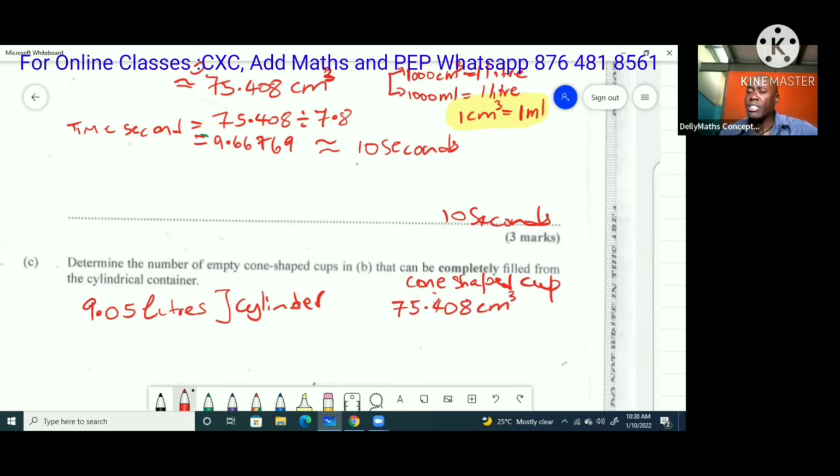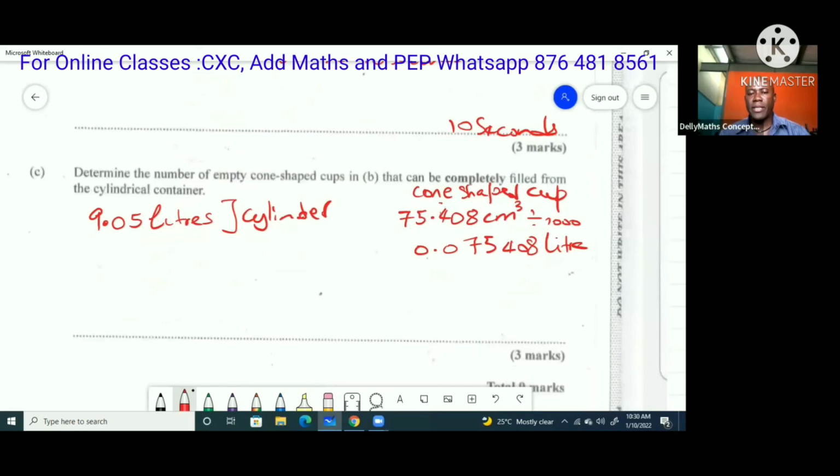If we want to change this to liters, we divide by 1,000 so that we're working in a common unit. So we're talking about 0.075408 liter. That is the capacity of the cup. Now we see how many we could get out of this: 9.05 divided by 0.075408.